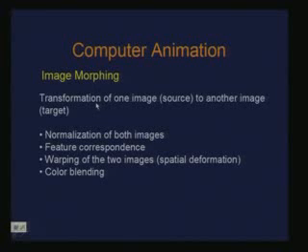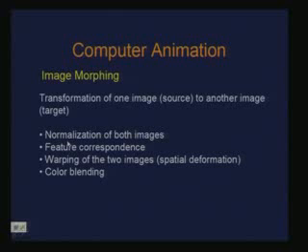Fine. So here we are talking about image morphing. The problem statement is that you want to transform one image, let's call that the source image, to another image, let's call that the target or destination image. Again, there are certain requirements.